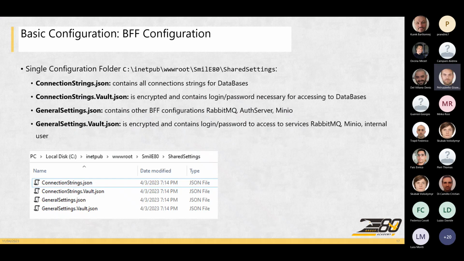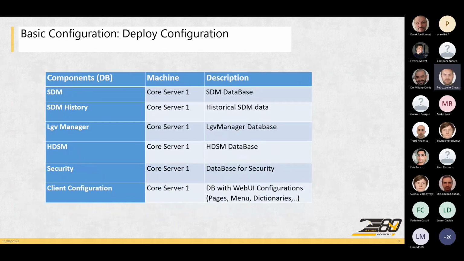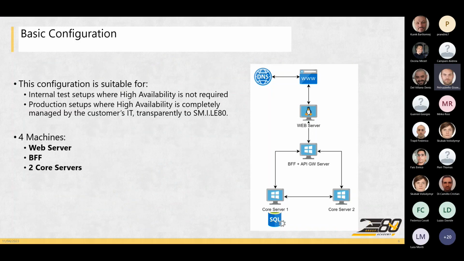So just to recap about the basic configuration. The basic configuration is a simpler configuration used for internal tests, or in a production system where the high availability is completely managed by the customer. It is composed of 4 machines.